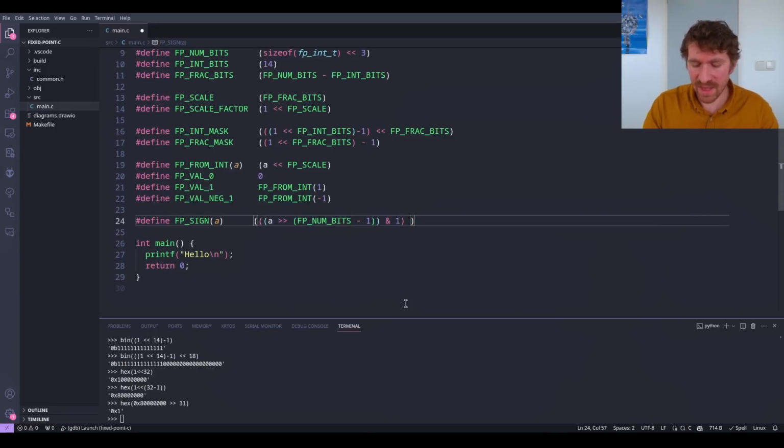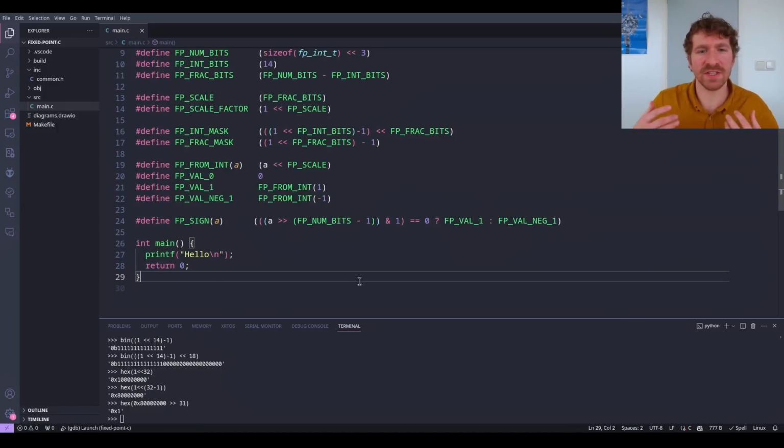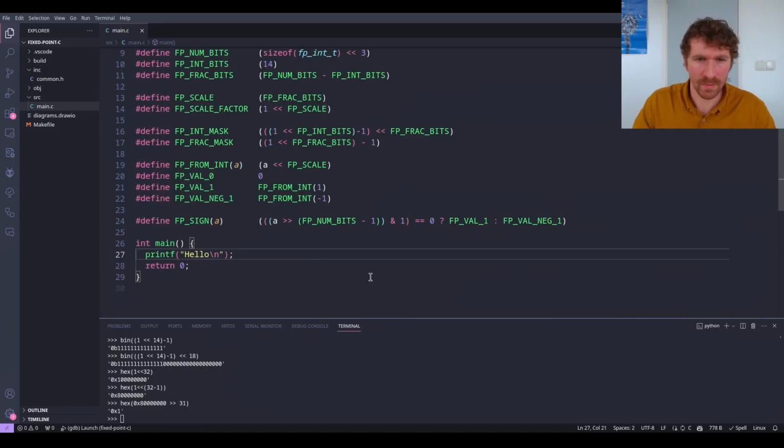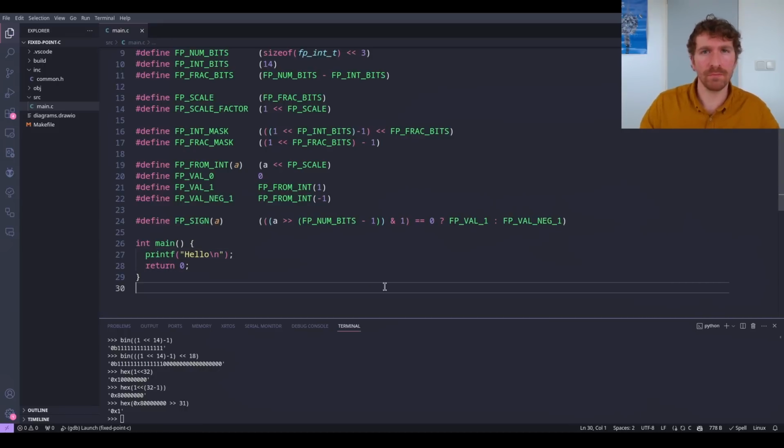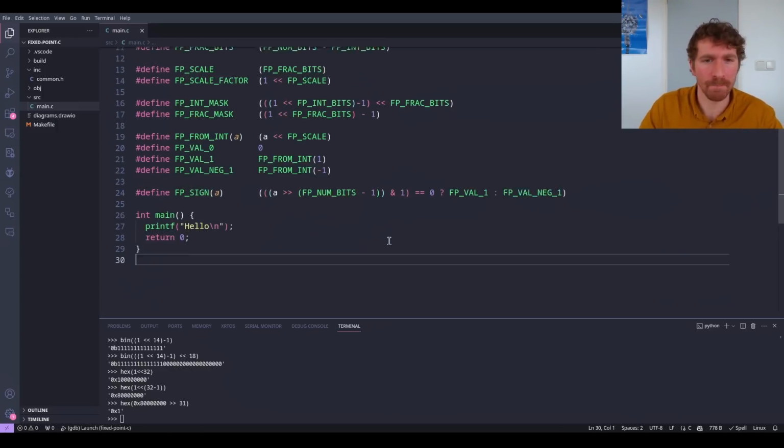And then if that bit is 0, then we want to provide a 1 here. And if it's not, we want to provide a negative 1. Okay, so this gives us the sign of the number, like the magnitude, or rather the unit of that, right? So if it's negative, we get negative 1. If it's positive, we get positive 1. We can do something with that.